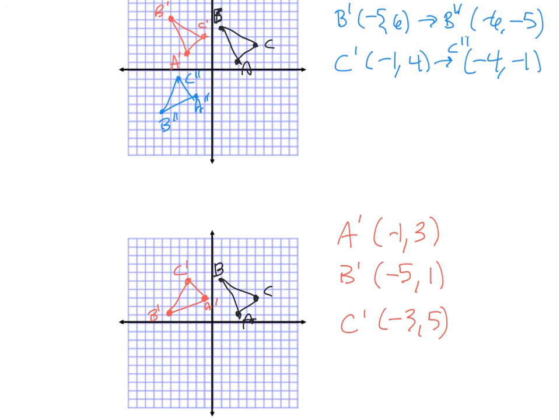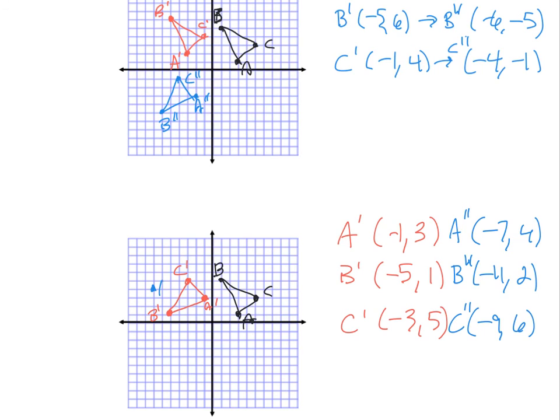So if I put these points to the left 6 and up 1, you can see, for instance, that B double prime point is going to be off the left side of our graph. I think we'll see pretty quickly this is not going to be the same final image we had up here in our first graph.